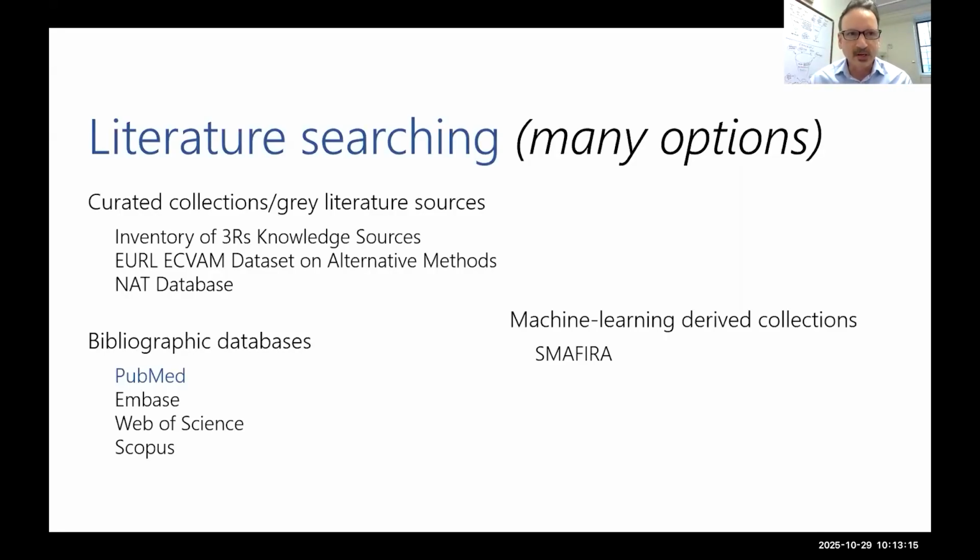They all have their pros and cons. We're going to focus today on PubMed as a source of a great deal of the biomedical literature. It's a tool that's freely available to everyone and represents a real core source of accessing the literature on NAMs.